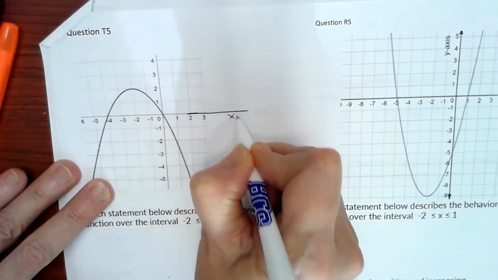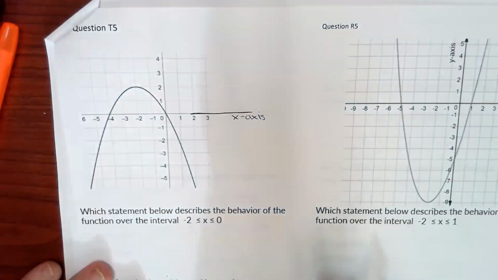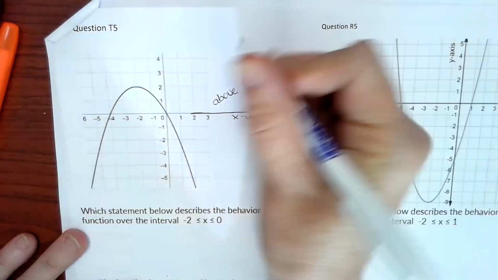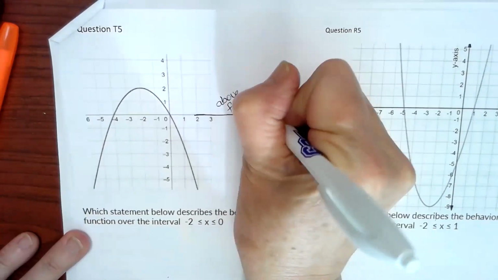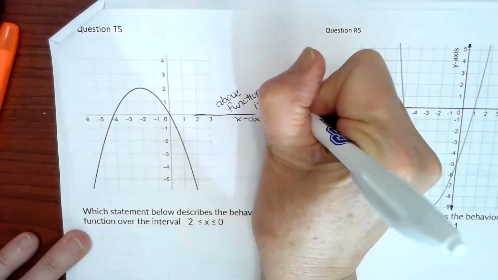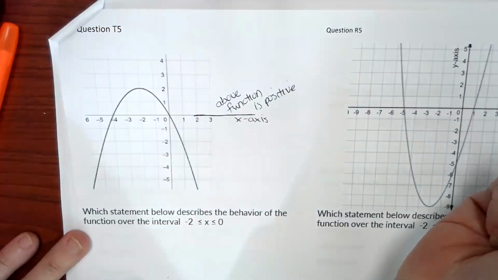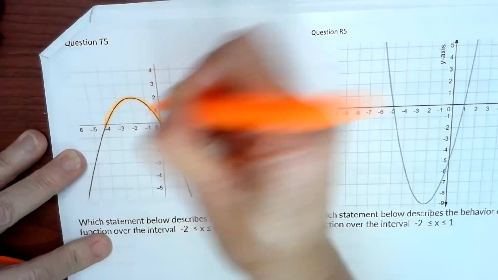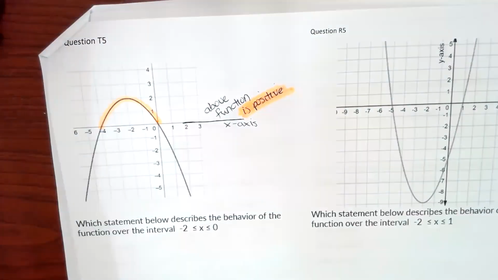This is your x-axis, okay? So when we are above, our function is positive. Okay? So everything in orange here is positive. Okay?